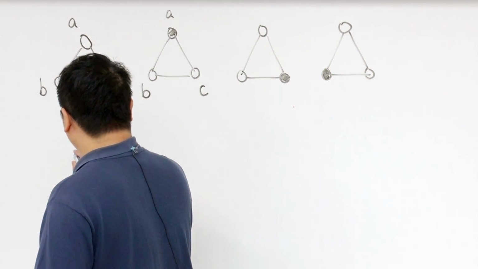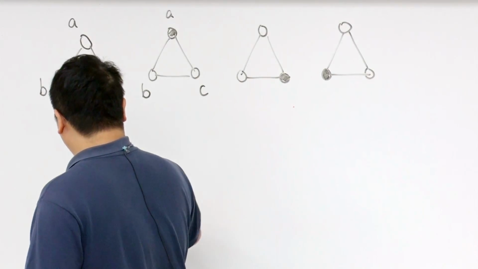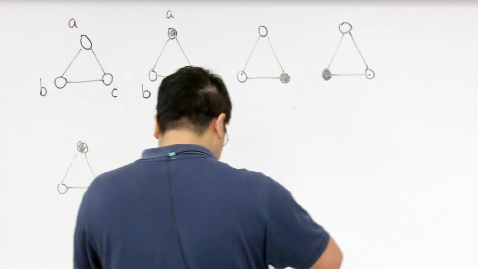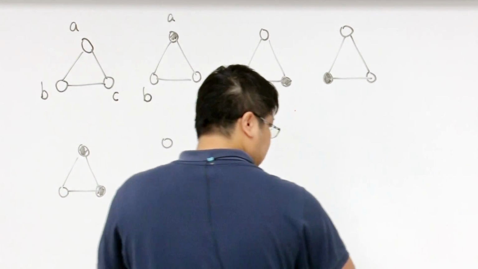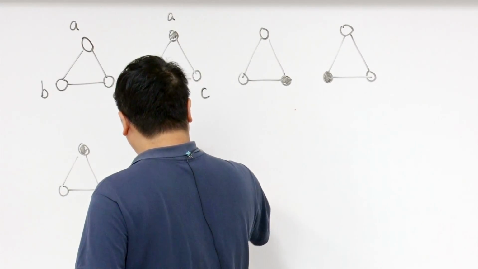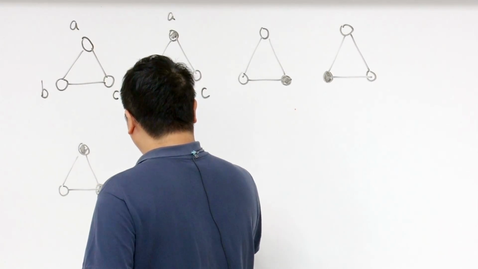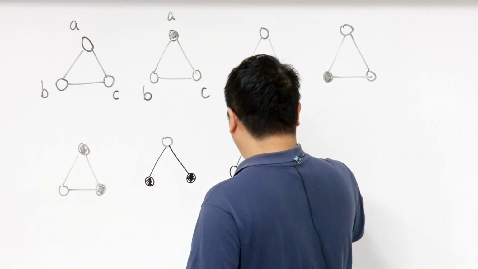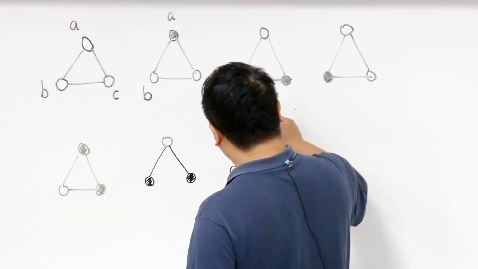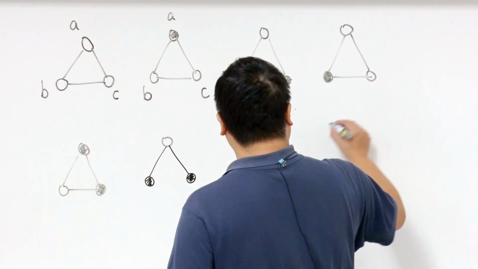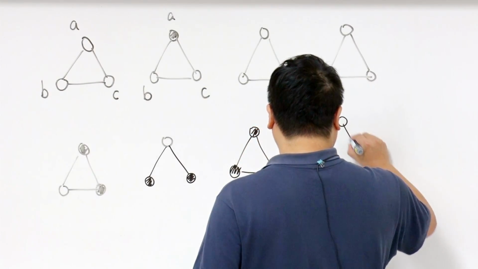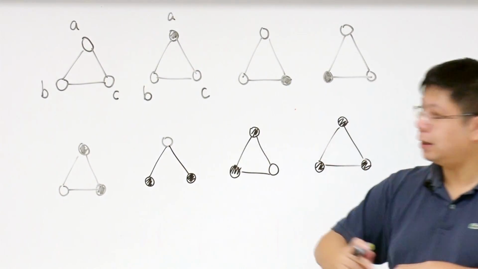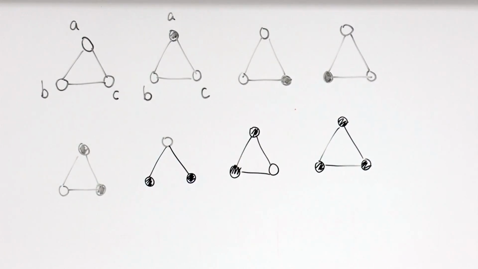Or maybe we will have a case where we color these two, or these two, or these two, and then there's a last case where we color everything. So there could be 8 different cases that we have.